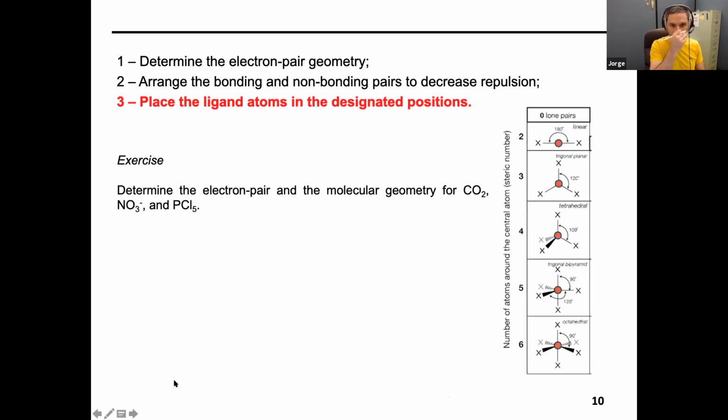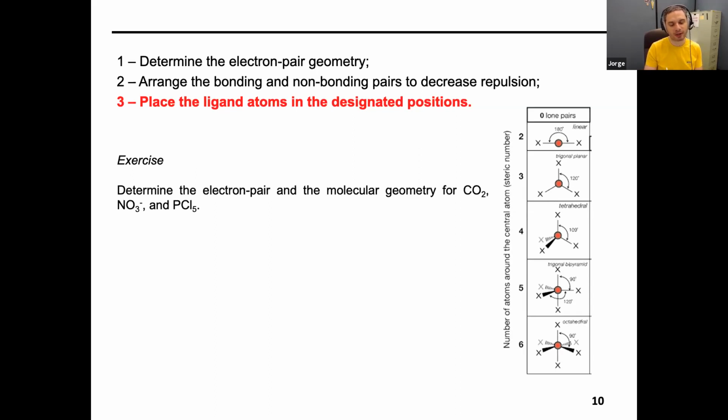Okay, so let's work some examples here. The goal here is to determine first the electron pair geometry for CO2, nitrate, which we already did, and PCl5. So let's work with CO2 and PCl5 because nitrate was already tackled.